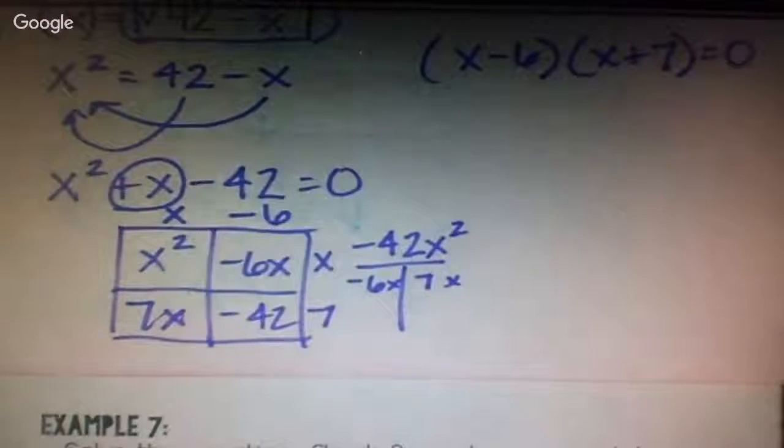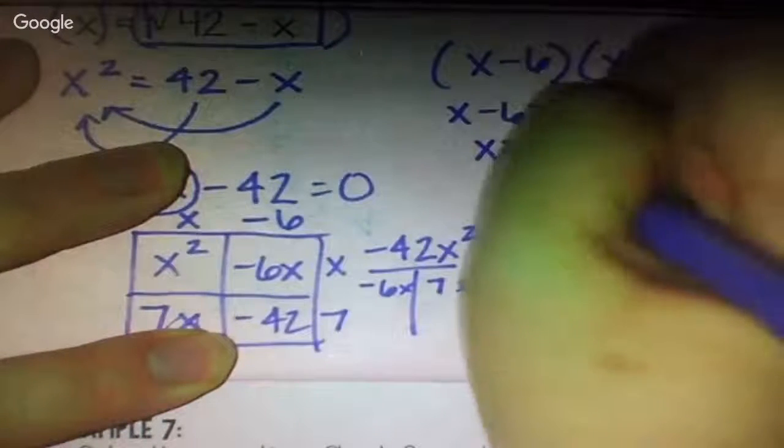Remember, those aren't the values for x. If my factor is x minus 6, you've got to set it equal to 0. So x is actually positive 6. And on this side, negative 7.